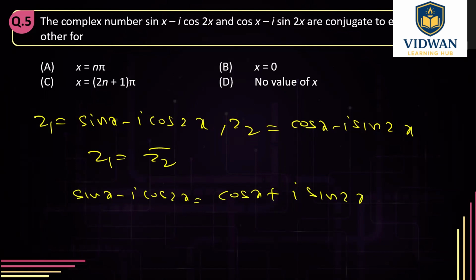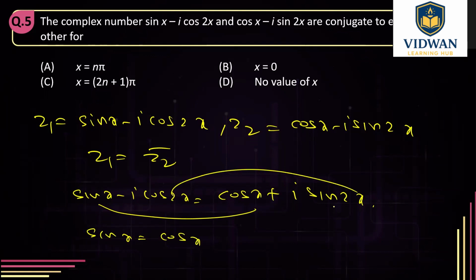And generally when two complex numbers are equal, we can equate real part with real part. So sin x will equate with cos x. And imaginary part will equate with imaginary part. So the coefficients, if you equate for I here, you'll get minus cos 2x equal to sin 2x. So clearly you see that this will give you tan x as 1. And this will give you tan 2x as minus 1.